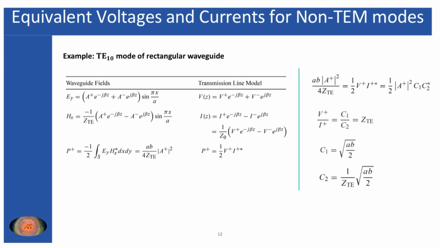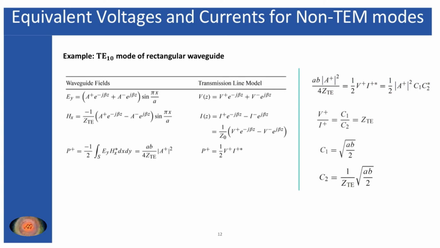The propagating power associated with the TE10 mode can be expressed in this way, where A and B represent the dimensions of the rectangular waveguide. But as you have seen, this integration is equal to the product of C1 times the conjugate of C2, so this integration can also be written in this way.